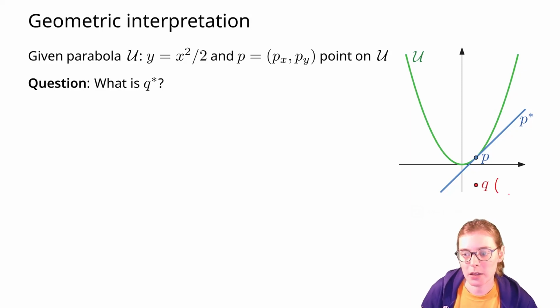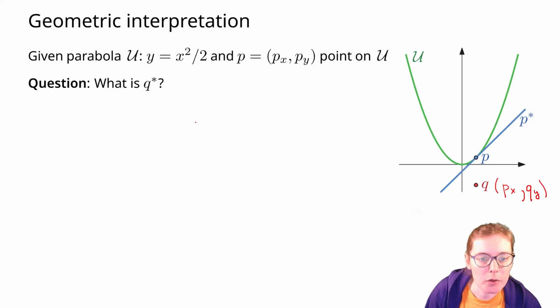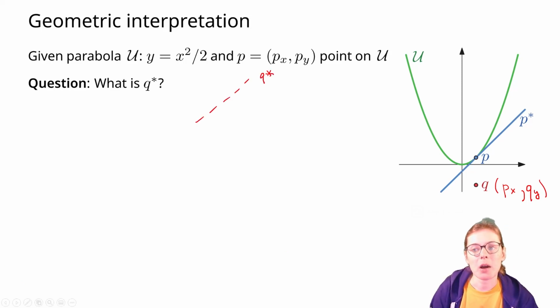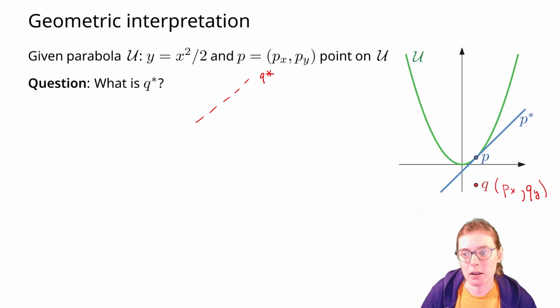Firstly, we know that the x-coordinate of Q is the same as the x-coordinate of P. So the slope of Q star will be the same as of P star. Now we need to find its intercept or find the location of the line in some other way.